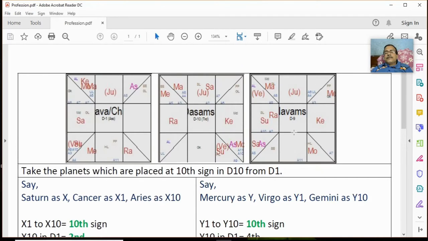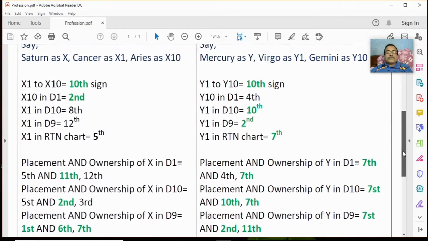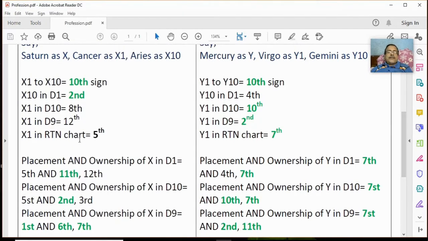This is the D9 chart. If we consider this Pisces as ascendant, then Cancer is the fifth sign. So X1 in the RTN chart is the fifth sign.